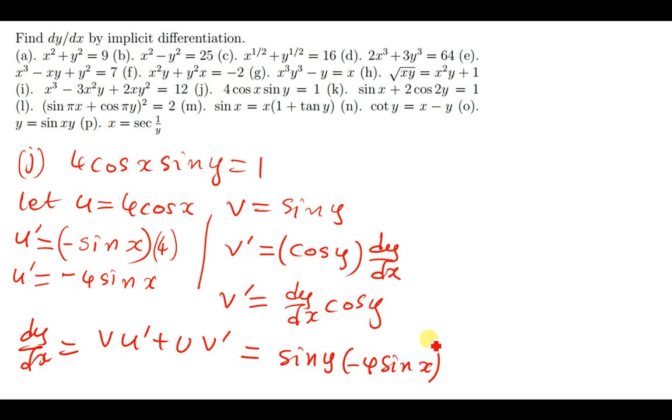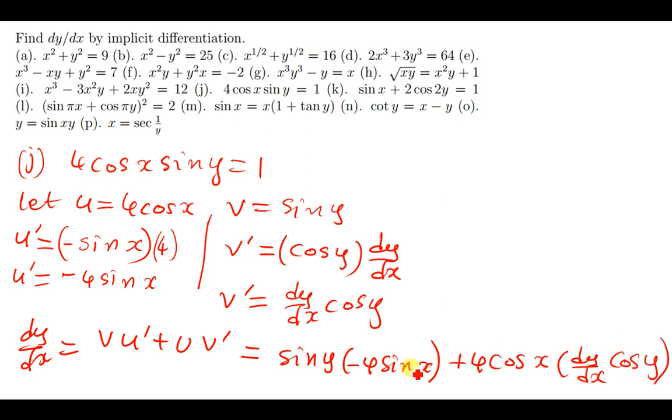And then the other part we have is u and then v prime. So my u is 4 cos x, so I say plus 4 cos x, and then v prime is dy dx cos y.